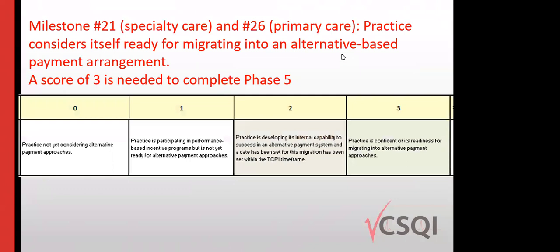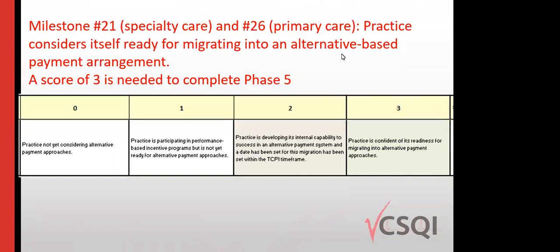So the last milestone for today is number 21, or 26 for primary care. And this one, the practice considers itself ready for migrating into an alternative-based payment arrangement. So most of you who were part of PQRS and even MIPS last year were already at a 1 because those were kind of basic types of programs that were focused on performance-based incentives.